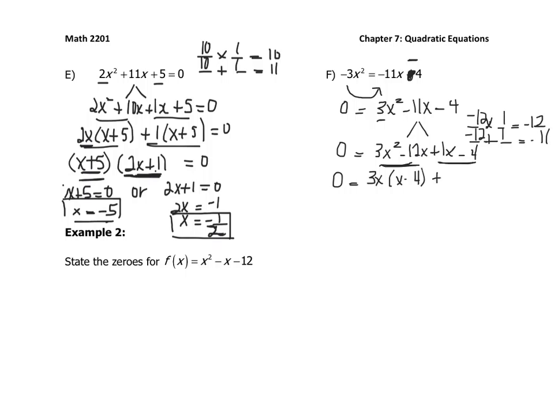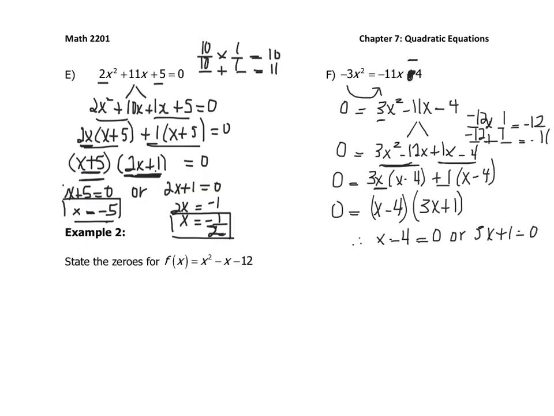And the second group has nothing in common, so we take out the 1, and we'd be left with x minus 4 inside, and that x minus 4 comes out, and you're left with 3x plus 1. So that equals 0. So you've got a product of factors equaling 0, so therefore either x minus 4 has to equal 0, or the 3x plus 1 has to equal 0.